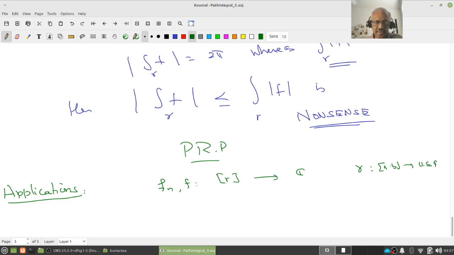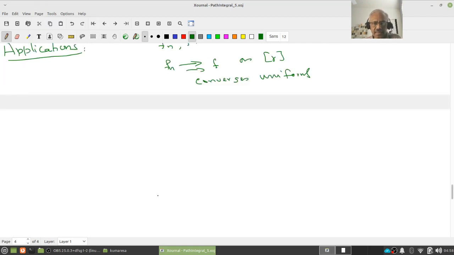And let's assume f_n converges to f uniformly on gamma. This means f_n converges uniformly on the set gamma, a subset of U. Remember, whenever you want to talk about uniform convergence, it's over a set. Okay. So what does that mean?